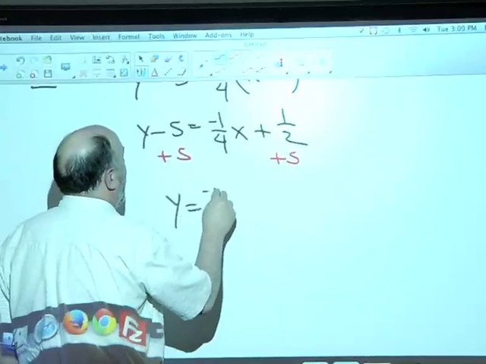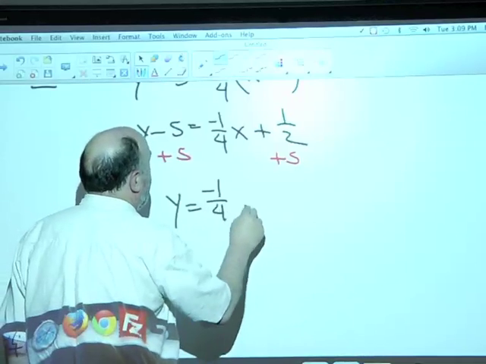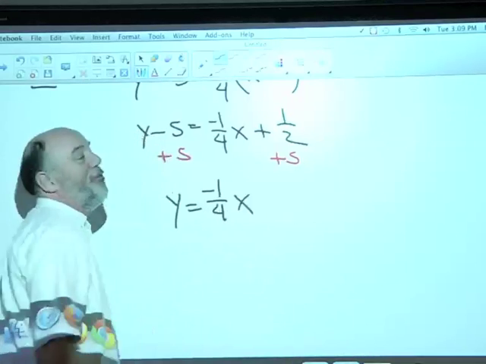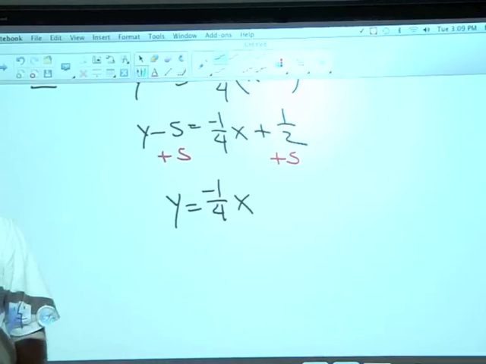So this will become y equals, now again, you go through your process of fractions, and the rule for fractions is that in order to add fractions, you have to have a common denominator. What's the common denominator? 2.